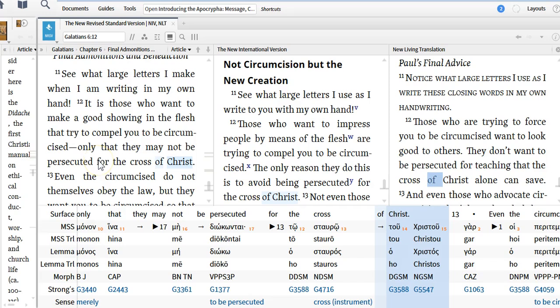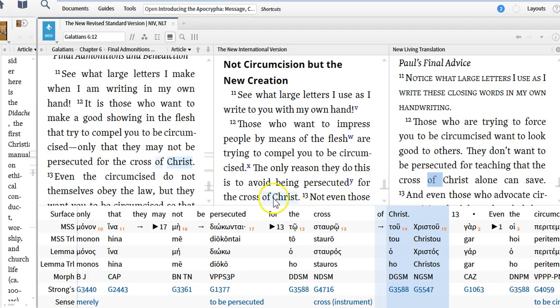So, what kind of dative here? Only that they do this in order that they may not be persecuted for the cross of Christ, to avoid being persecuted for the cross of Christ.